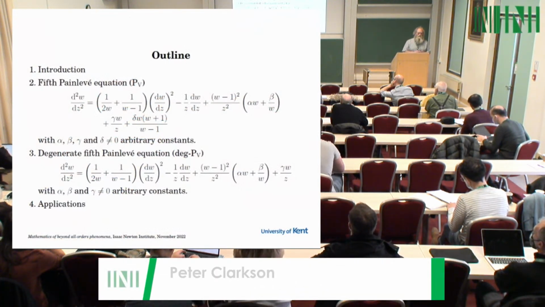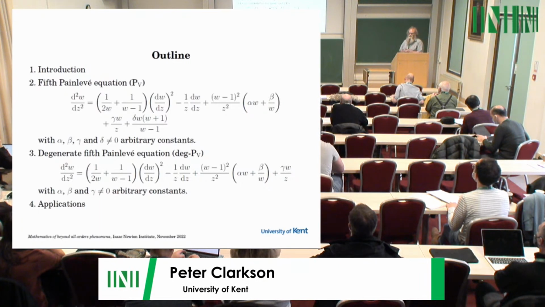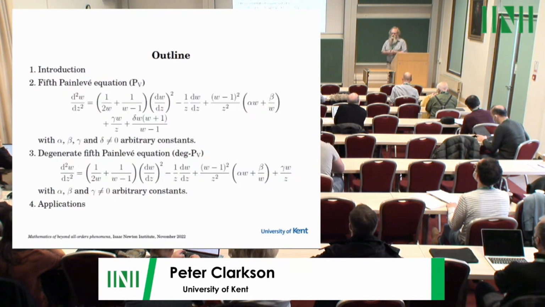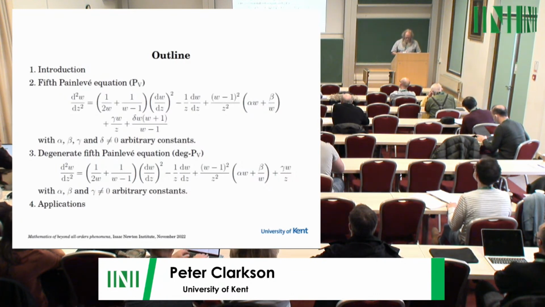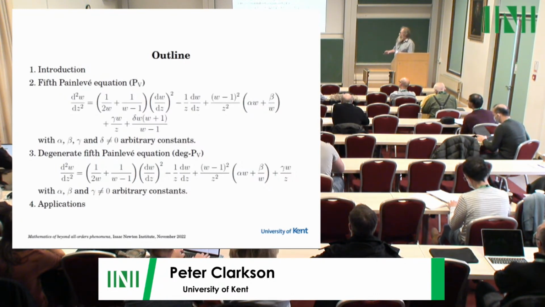As you shall see, this is related to Painlevé 3, but has an interesting property in its own right that you don't necessarily see just directly from looking at Painlevé 3. And then I shall hope to have some time for some applications towards the end.